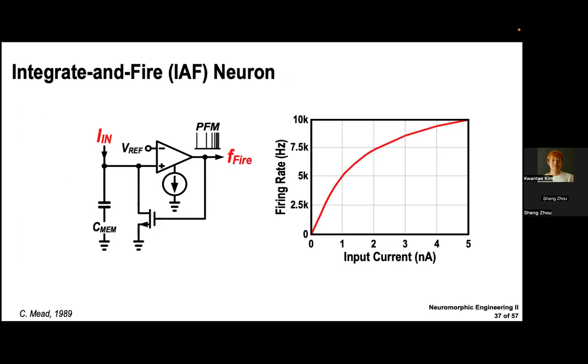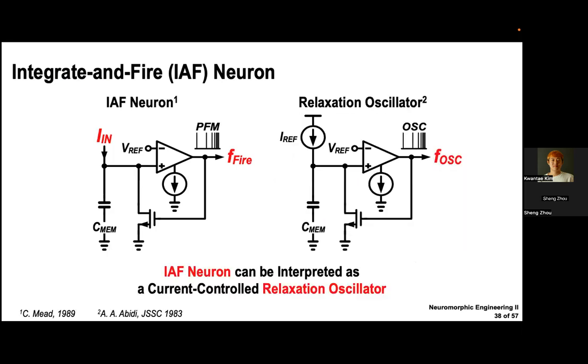And we have the input current and the membrane capacitor, the continuous-time comparator, and the output of the comparator is resetting our membrane potential. When the input current increases, the output firing rate also increases, which is very popular.